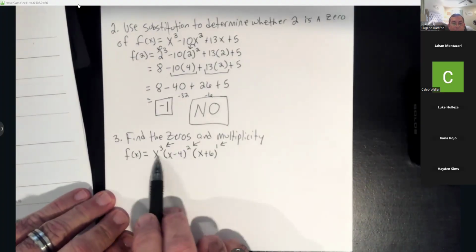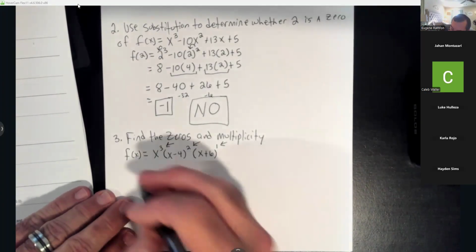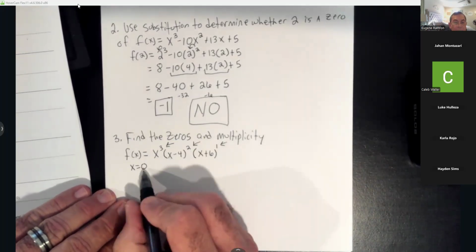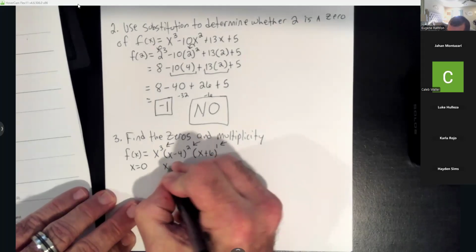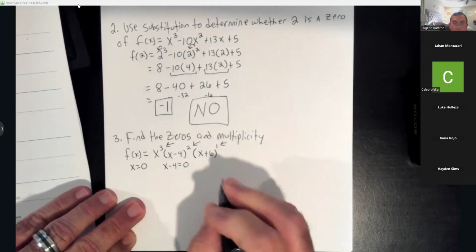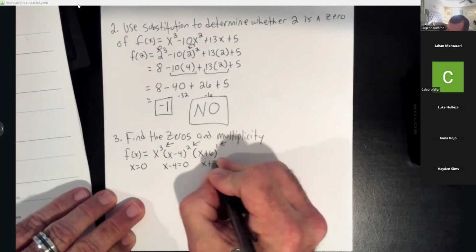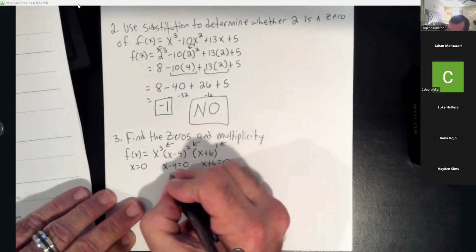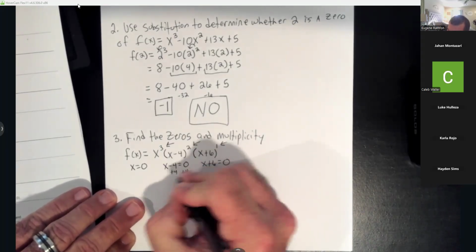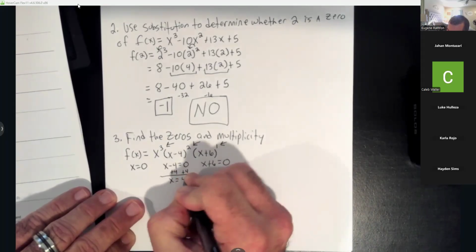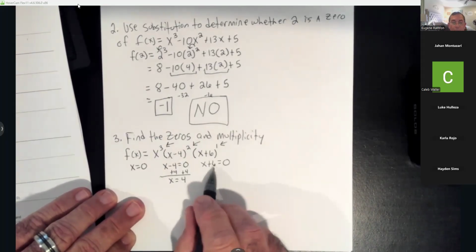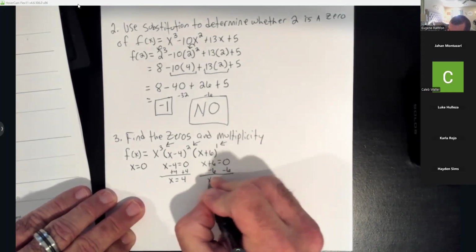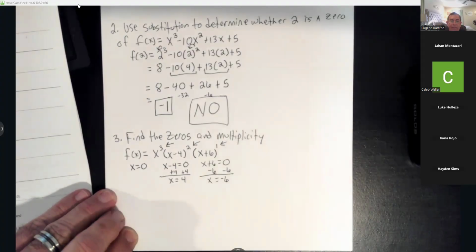Now to find the zeros, we set each of the factors equal to 0. So we'll set this x equal to 0. Y'all, that one's done. It's solved. Then we'll set the x minus 4 equal to 0 and the x plus 6. So to solve this one, I'll just add 4. And I get x equals a positive 4. And then to solve this one, I'll subtract 6 and get x equals a negative 6.